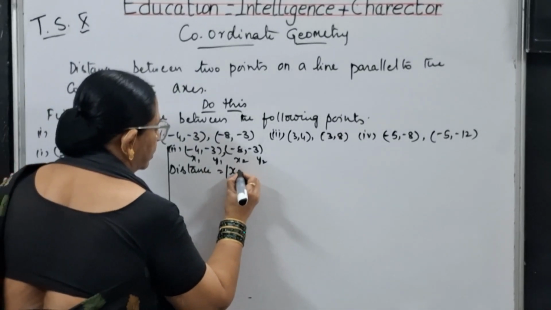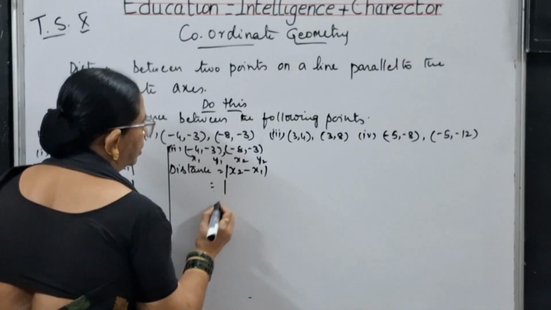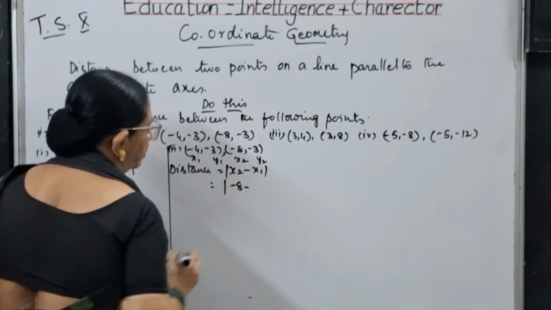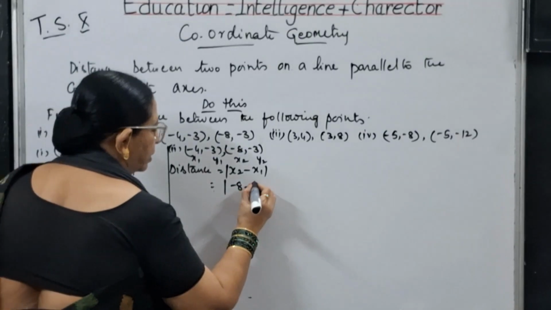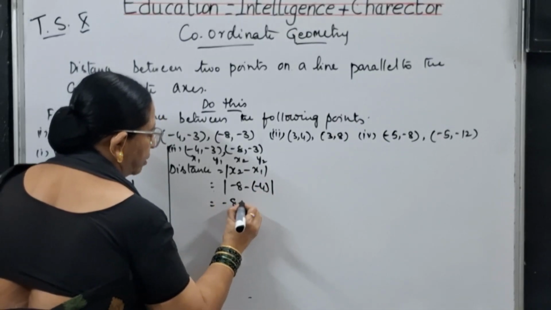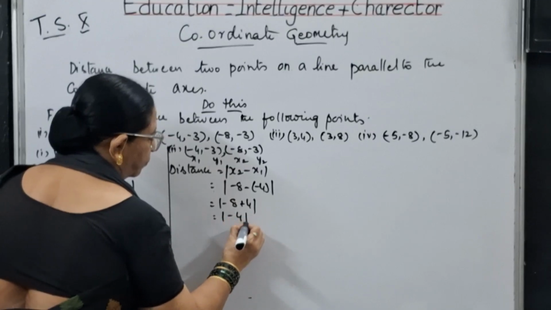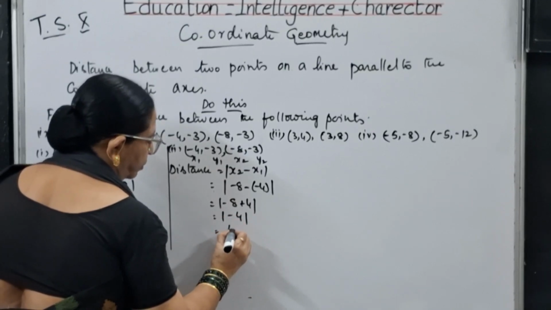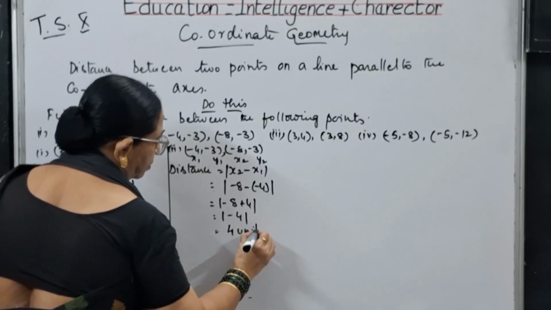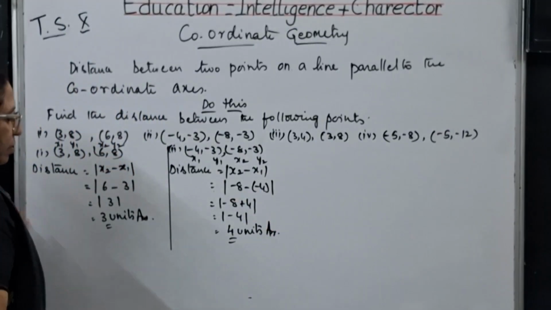So modulus x2 minus x1. This is nothing but modulus x2 is minus 8 minus x1 which is minus 4. That is minus 8 plus 4 modulus. That is modulus minus 4. Modulus minus 4 is 4 units. This is the answer for the second bit.